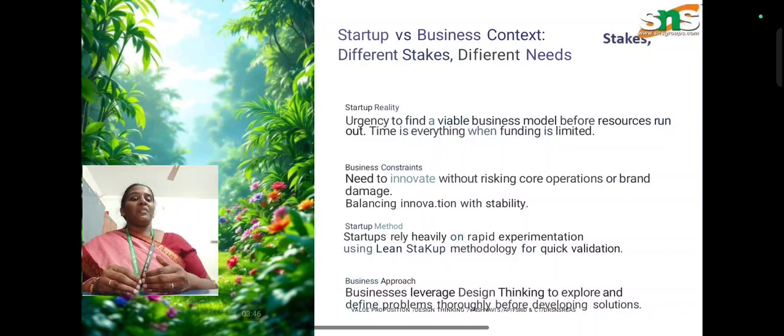Balancing innovation with stability. Startups rely heavily on rapid experimentation using lean startup methodology for quick validation. For example, we can say Coca-Cola, where the proven methodology for success and value proposition is embedded in a profitable business model. So we are taking the example of Coca-Cola, which is a proven success in the market.